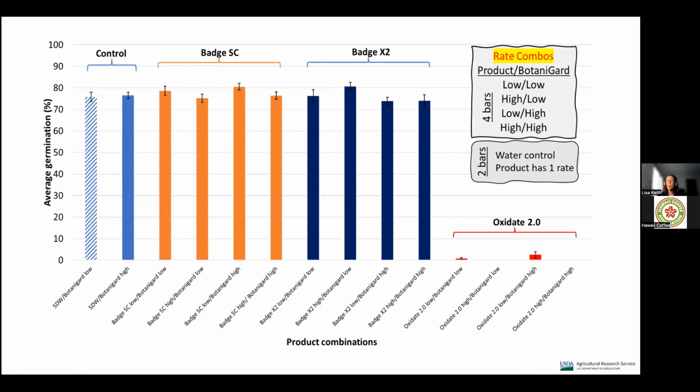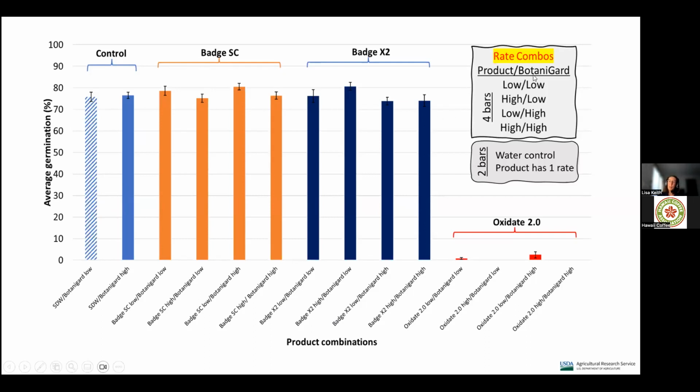Okay, so again, here are some graphs. There'll be 4 in a row, trying to summarize and look more at the trends of the colors. Down here, it's the product combinations, and we're looking at the average germination of Beauveria. Again, we always have a standard water control and the various products, which I've grouped based on color.